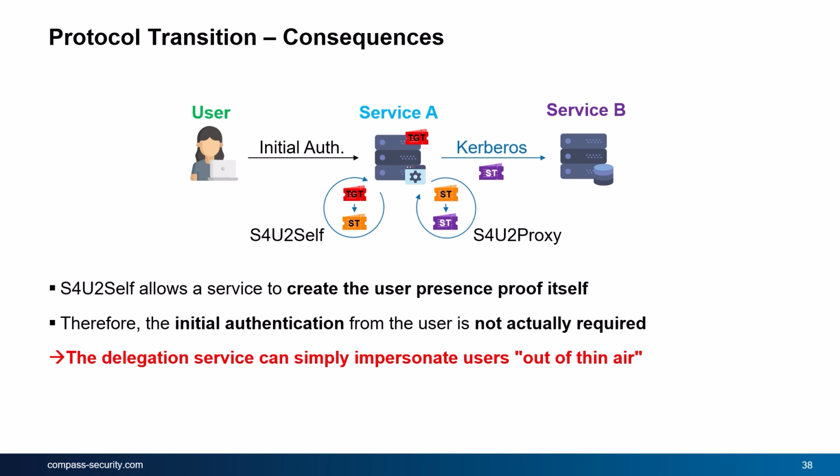So even though most scenarios will involve a user connecting before S4U2Self is triggered, the service could at any point in time decide to invoke S4U2Self for any user, since it doesn't have to provide any proof of the user authentication that has happened before S4U2Self is invoked.